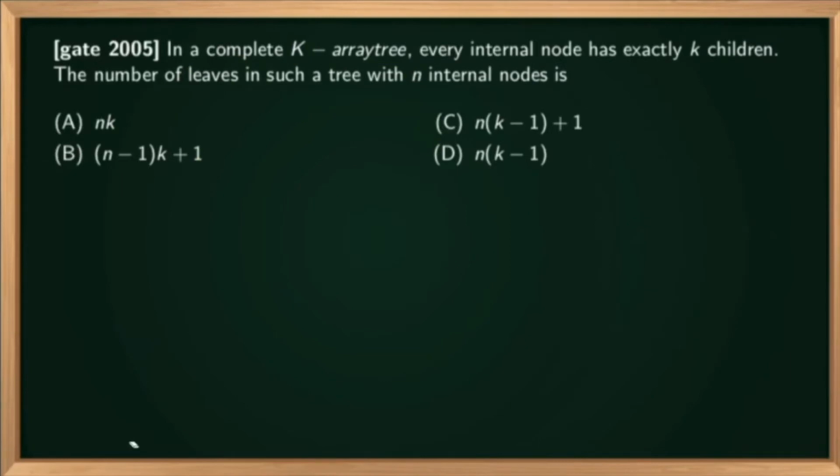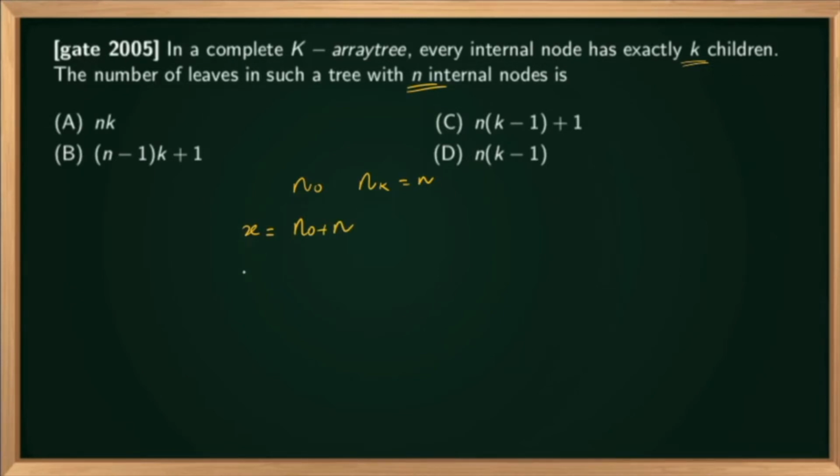We will prove this. It's given that we have exactly k children for every internal node. That means we will have only two types of nodes in this tree: nodes with 0 degree, as well as nodes with degree k. These are the internal nodes, and their number is given as n. Let the total number of nodes be x, then x should be equal to n0 plus n.